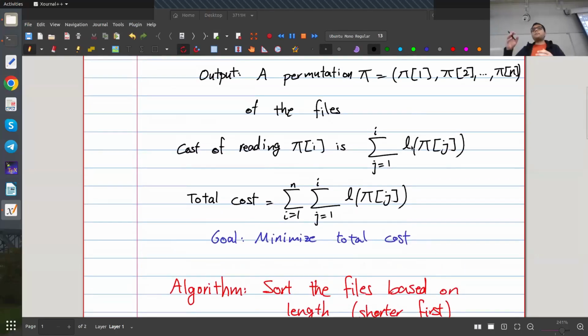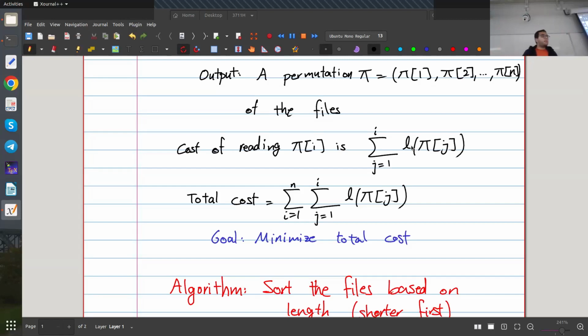So for every element that was after index I plus 1, the cost has not changed, right? Because I have to start from the beginning, go through all the elements, go through I and I plus 1. It doesn't matter in which order I go through them. But if you consider, for example, an element I plus 2, I plus 3, and so on, they all have the same cost as they had before, right?